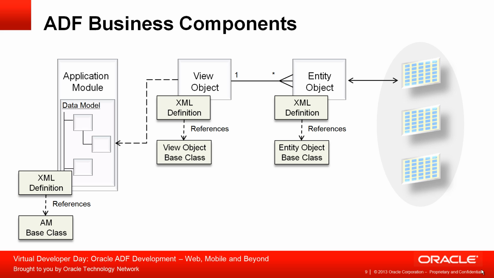A view object can be bound to many entity objects. I would think that 80% of all the cases is where you have a one-to-one mapping, where one view object just looks to one entity object. And then the view object is exposed on the application module, which holds the transaction and exposes the data model, which then through the data control is exposed to the application developer.